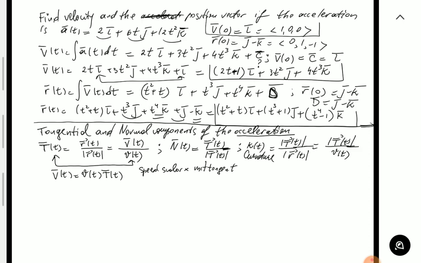Let's use this equality actually to derive the acceleration. So the acceleration vector, remember, is the derivative of the velocity. And by the product rule on the above equality, this is going to be script v prime of t, the derivative of the speed, scalar multiple with the unit tangent, plus script v of t scalar multiple with t prime of t.